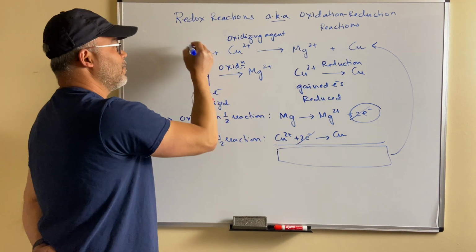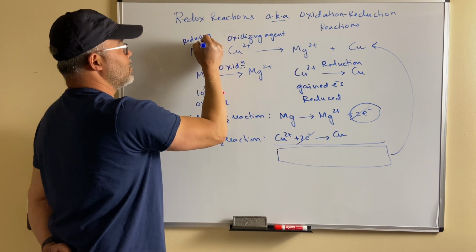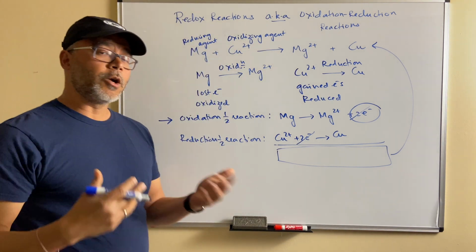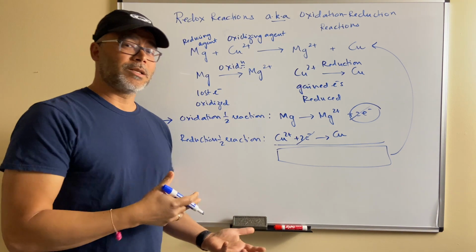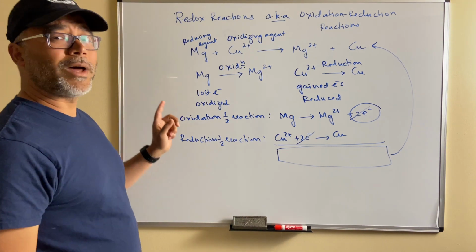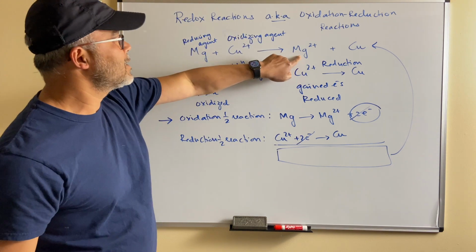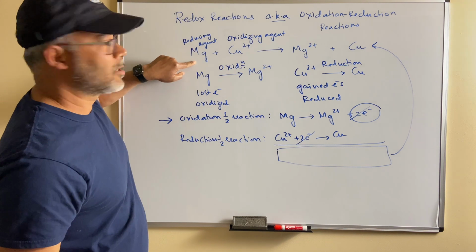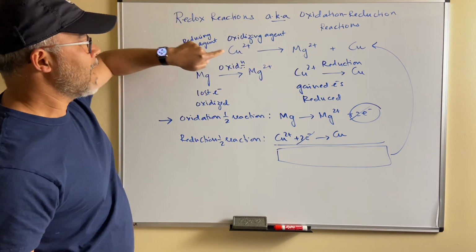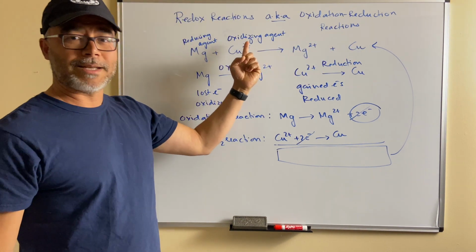So the magnesium is going to be the reducing agent. A quick and easy way to figure out which one is the oxidizing agent and which is the reducing agent is to take a look at what happens to the species. The species that gets oxidized is always the reducing agent, so the magnesium gets oxidized, it's the reducing agent. And the species that gets reduced is always the oxidizing agent.